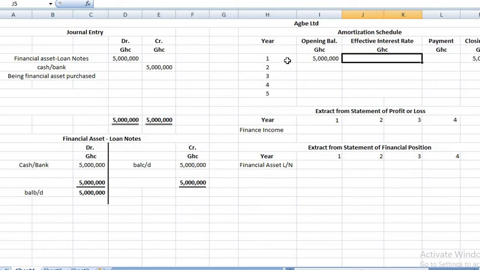12% of 5 million is going to give us 600,000. And our coupon is 10% on the face value, which is 500,000.